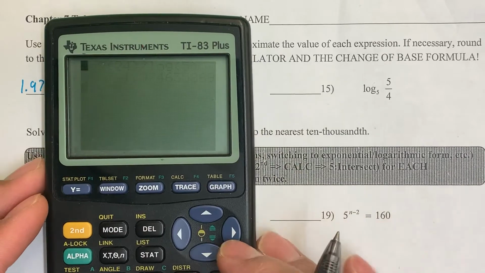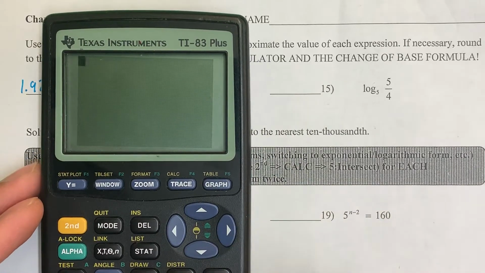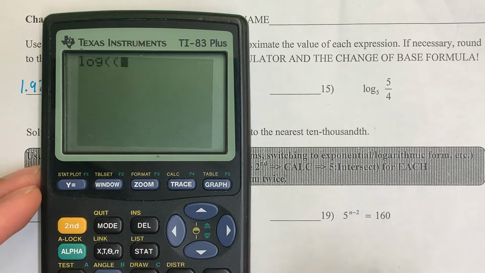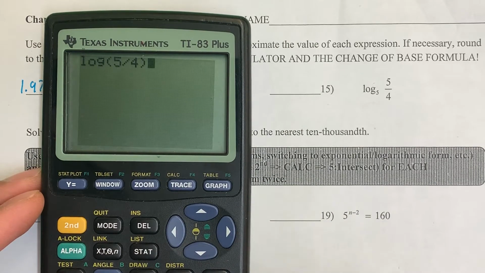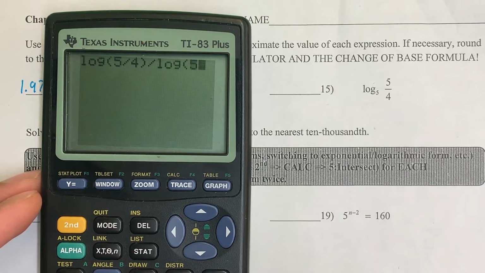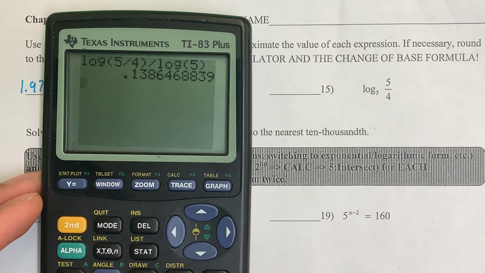Same process. I'm even going to get tricky. You can do log parentheses 5 divided by 4. Okay, so log of 5/4 divided by log of 5. And there's your answer. Now, when I say I was going to get tricky, I wanted to show you that you can even use natural log and get the exact same result.